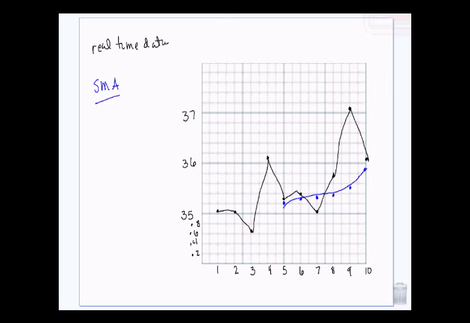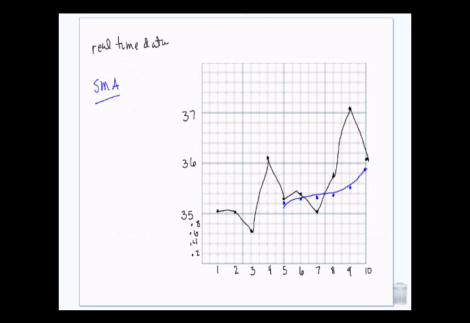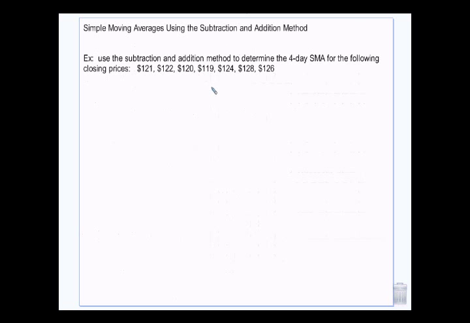The way I did this originally is I kept adding the whole list every single time, right? You can use what's called the addition subtraction method, and you don't have to add everything up every single time. So here's what I do. I'm looking for the 4-day moving average.